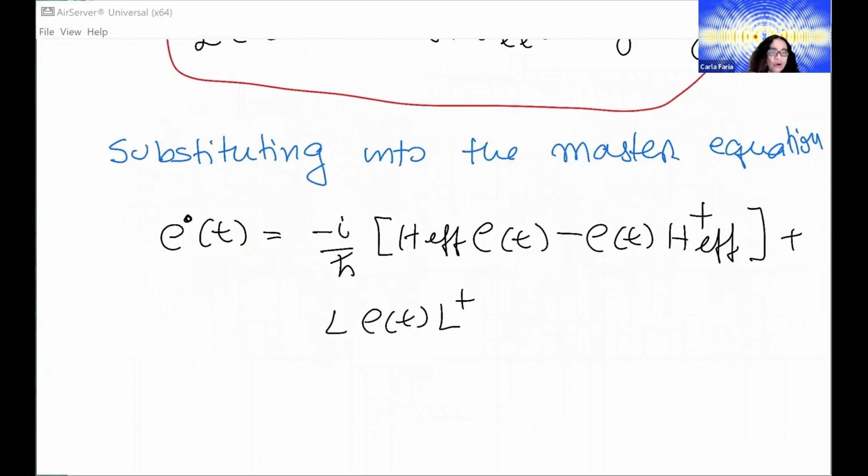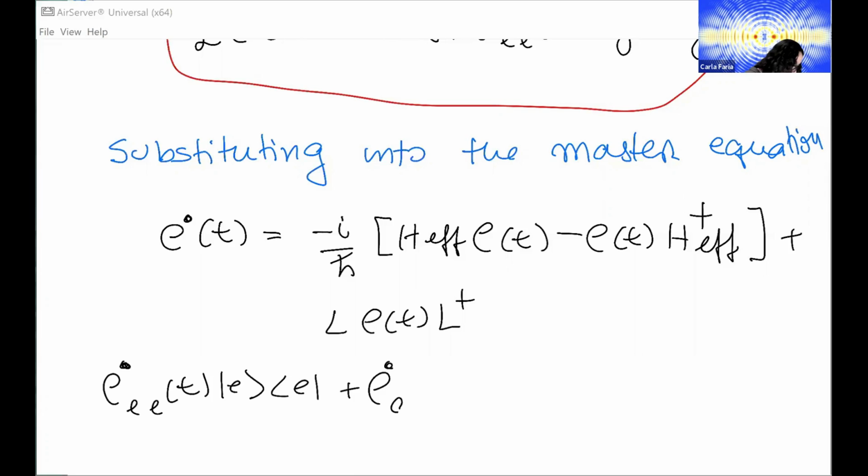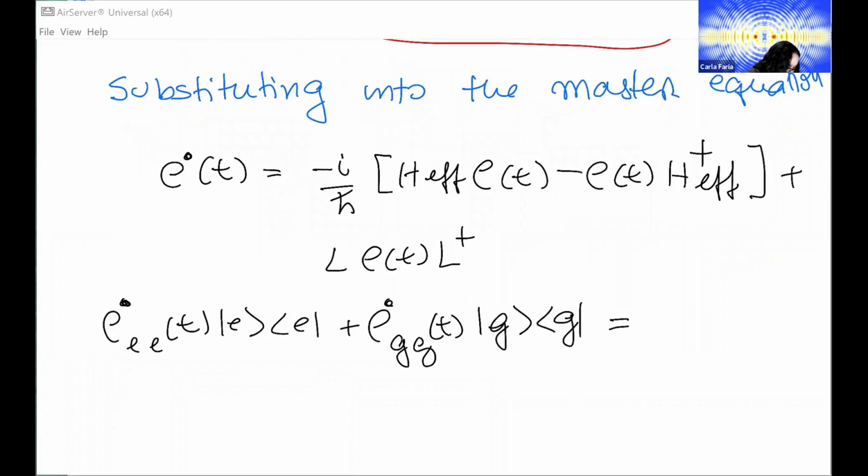But we need to take care a bit also of the left-hand side. So the left-hand side is this guy. If you differentiate, you get then rho dot EET EE plus rho dot GGT GG. You don't need to do anything about the states. They are eigenstates. They are not dependent on time. And we have then here minus I over H bar.